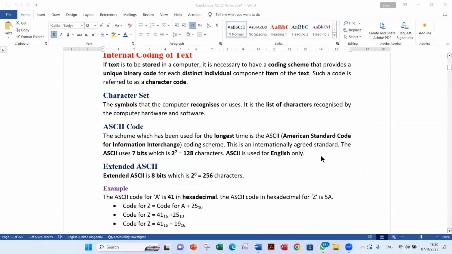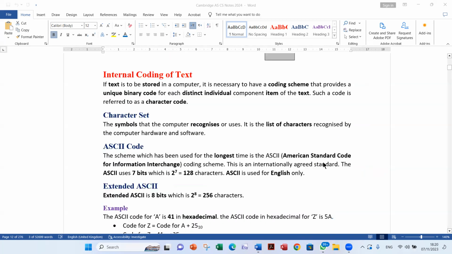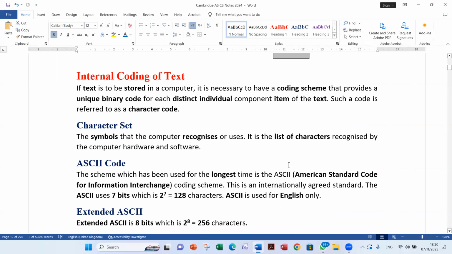Okay, let us do something else, because it took us a lot of time to do the hexadecimal, binary and denary. Internal coding of text. Let us discuss this, because you should know this also from the O-level syllabus. We have what is called a character set, because the computer can only store binaries.